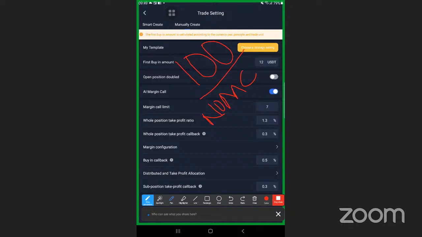So using the bull run strategy, we trade with 5 margin calls. We don't trade with 7 margin calls. If we are using the bull run strategy, remember, we have picked a signal. We want to use the bull run setting. So when we want to use the bull run strategy, we are going to trade with 5 margin calls. So we are going to do this.